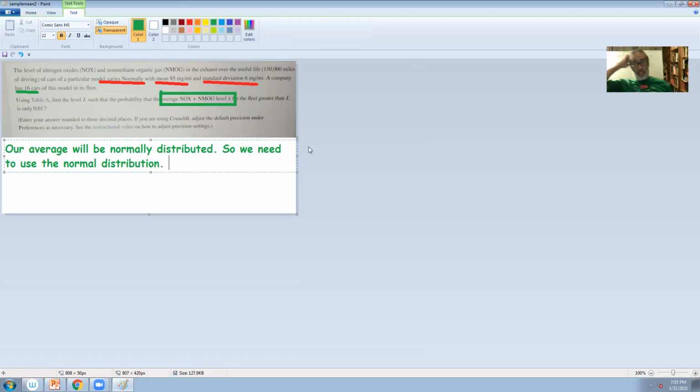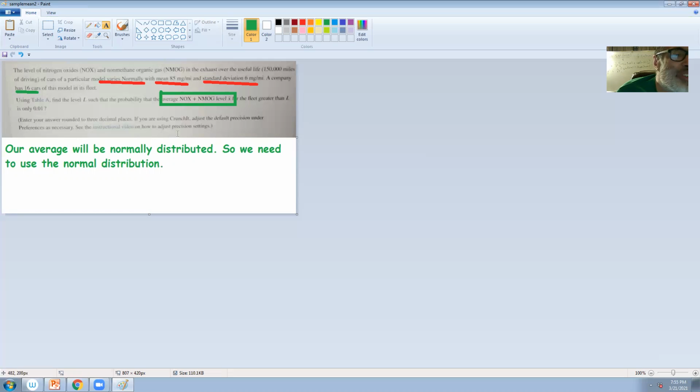We could start the other way and use a normal calculator, but let's use the tables here. So let's go to the normal tables.